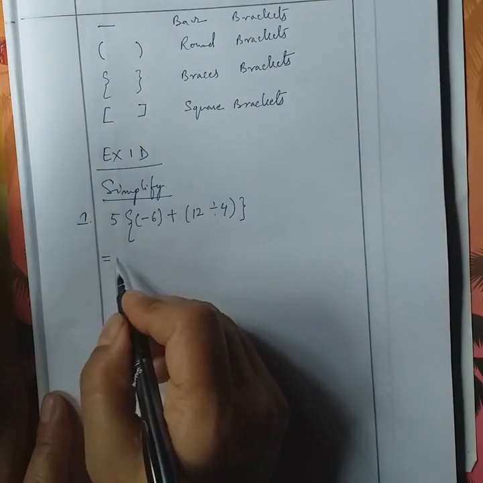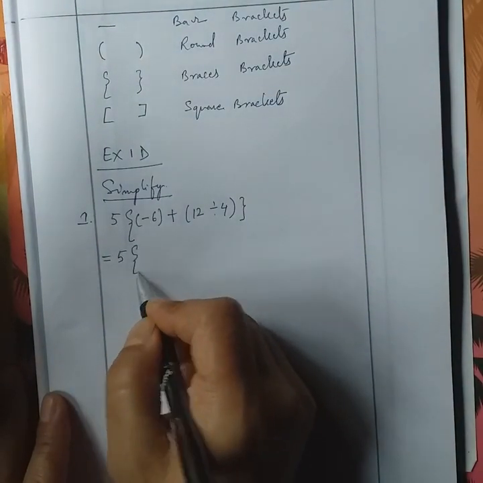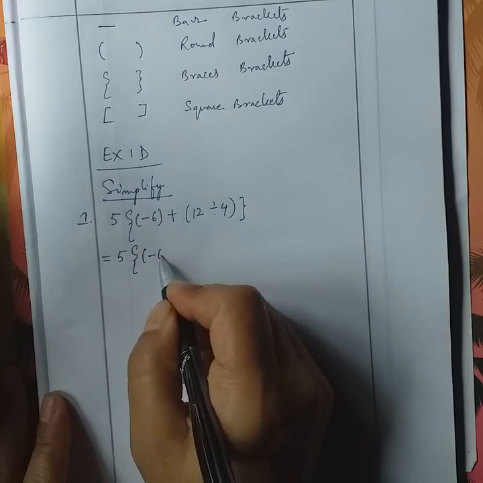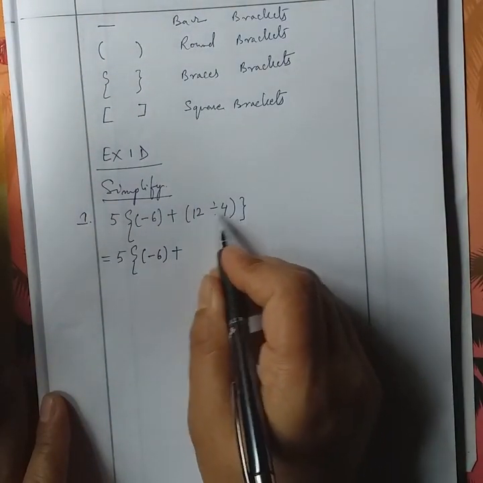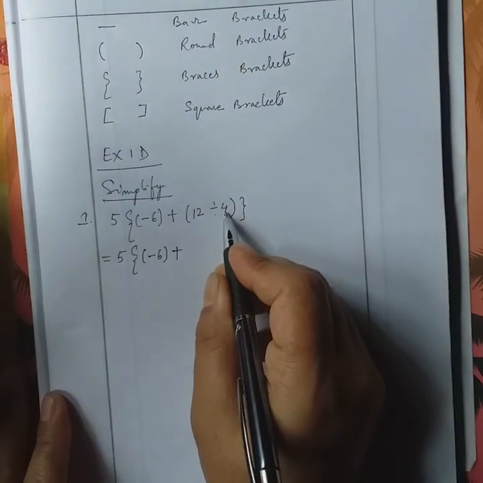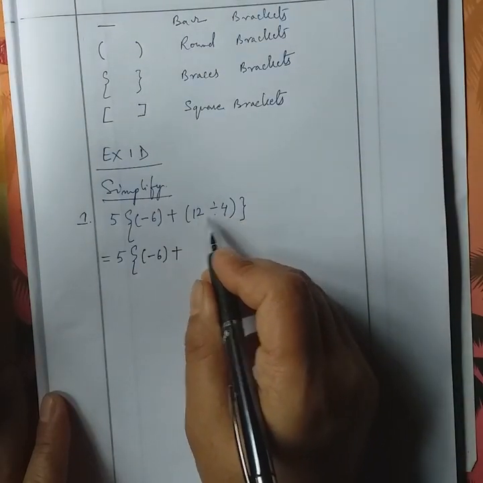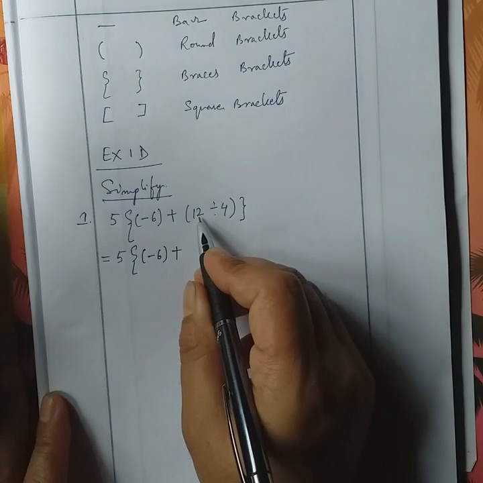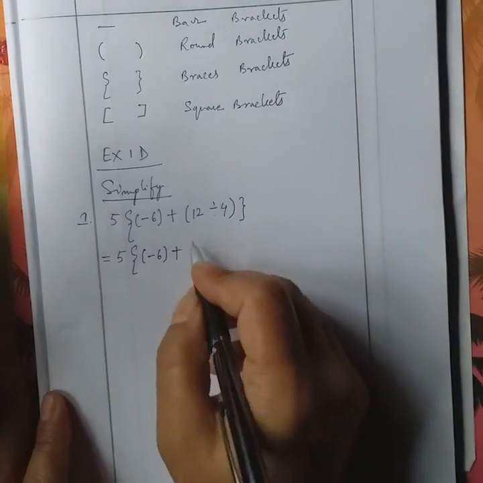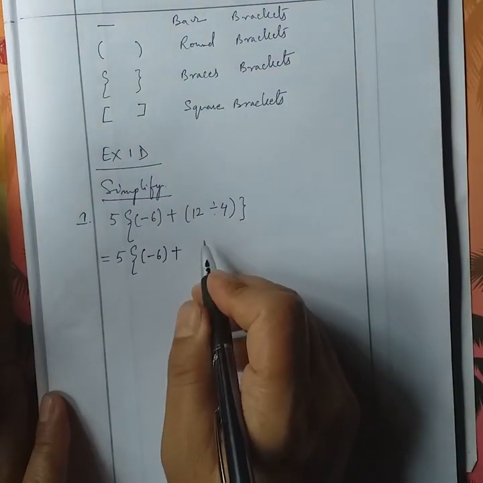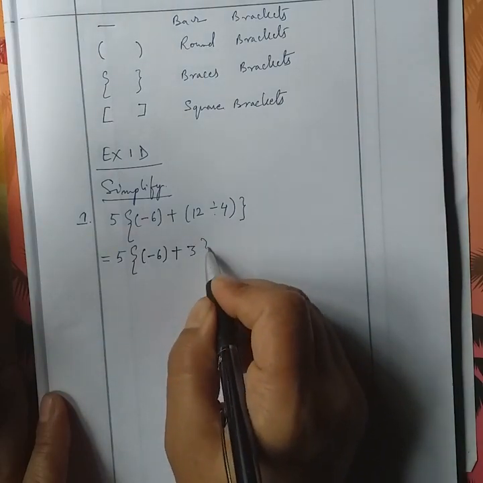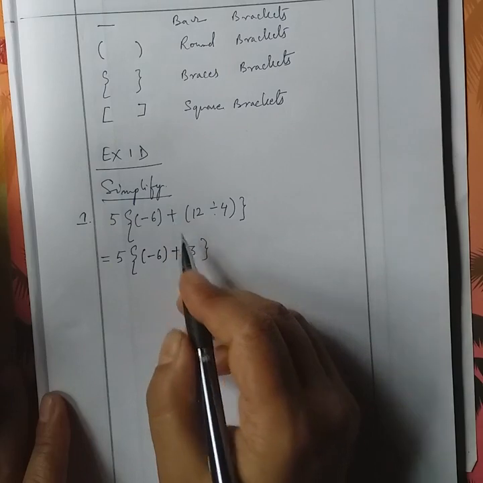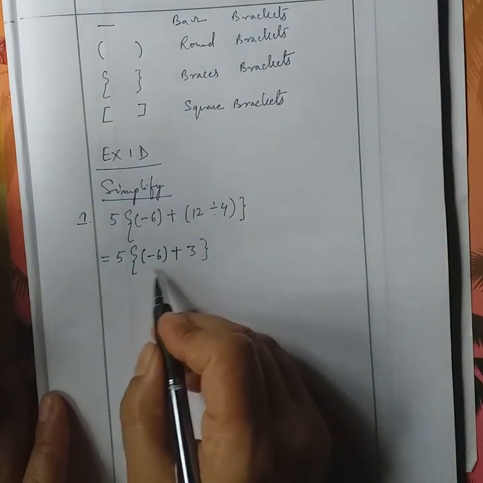So give equal to sign. 5, this is curly bracket, round bracket minus 6 plus, this is 12 divided by 4. That means we have to divide 12 by 4. 4 how many times is 12? 4 threes are 12. So here is 3. This plus sign remains here, and the rest of the things are the same.